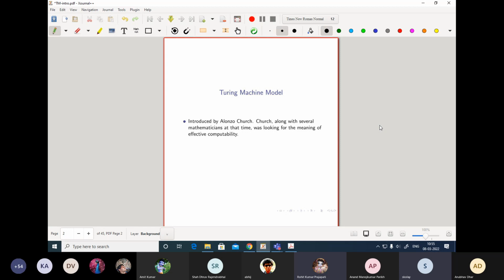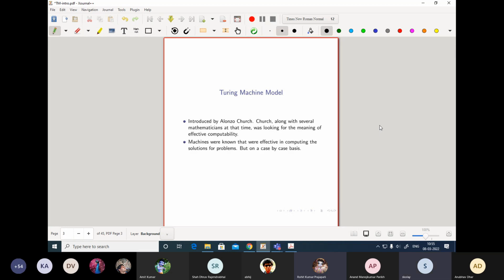This machine model was introduced by Alan Turing in the middle of the 20th century. At that point of time, there were many other mathematicians as well as logicians who were trying to capture what effective computability means.